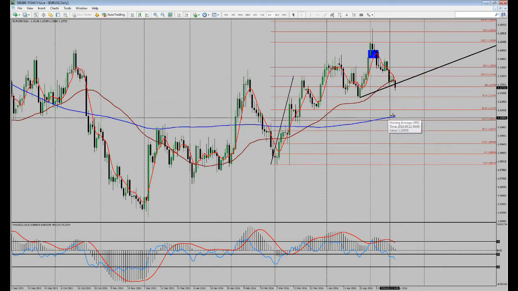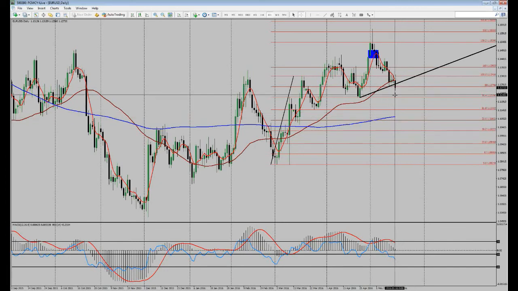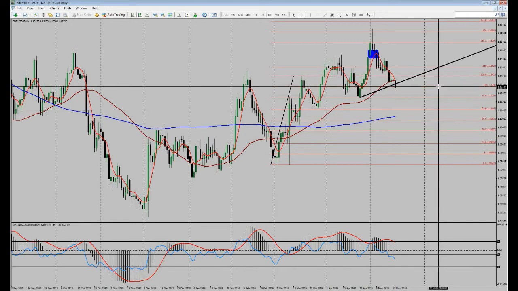So now that we have the moving average sandwich happening, 50 to 200 moving averages, it's likely that the pair is going to be moving between the 61.8% Fibonacci retracement zone, which is 1.1140, and the 88% Fibonacci retracement zone, and that's 1.1280. So these are going to be the main levels that we will be looking for.